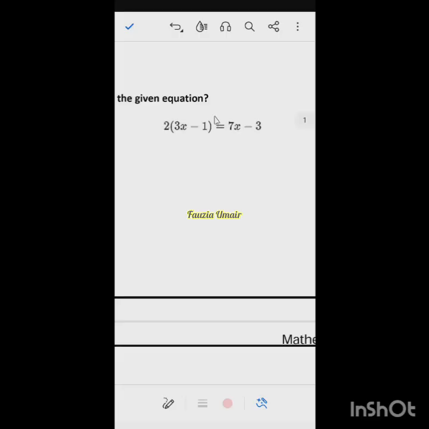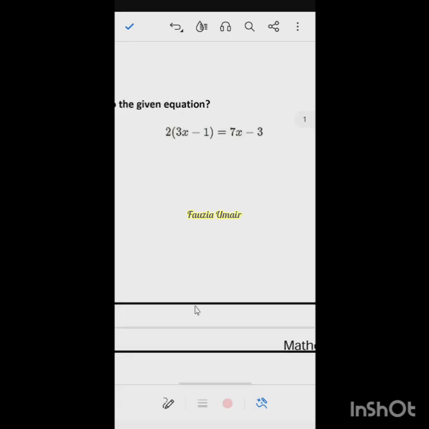Expand. So what will be the answer? 6x minus 2 is equal to 7x minus 3. Now what is the second step?